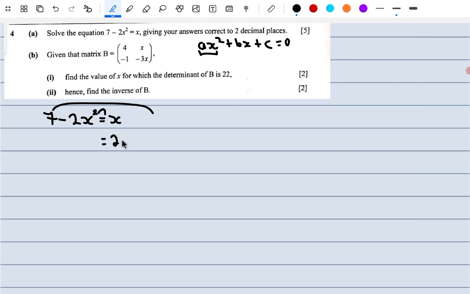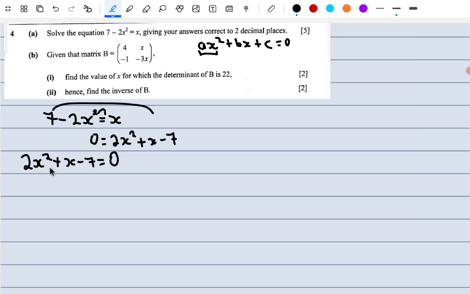So we write 2x squared, the x is already there, x. Now remember the 7 I said can come here, so minus 7. Since we removed everything from here, it can be 0 here. So we write it as 2x squared plus x minus 7 is equal to 0.